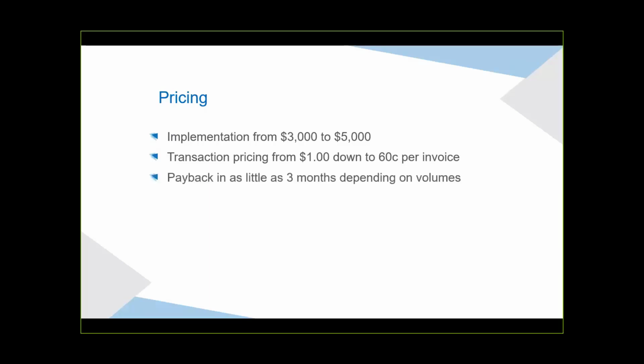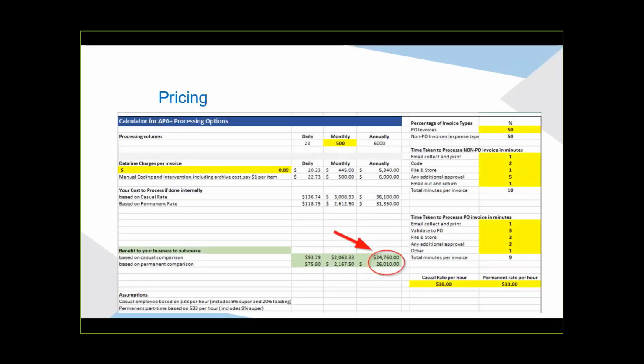To give you an idea, a quick snapshot here of a client that was processing 500 invoices coming into their business a month. They were estimating it was taking between 9 and 10 minutes, depending whether it was a purchase order or a non-purchase order related invoice.